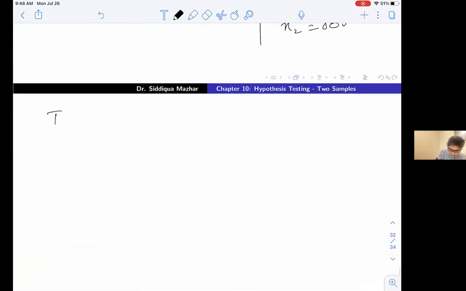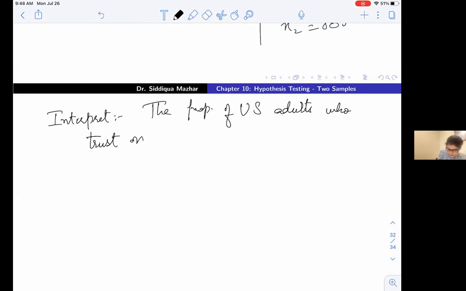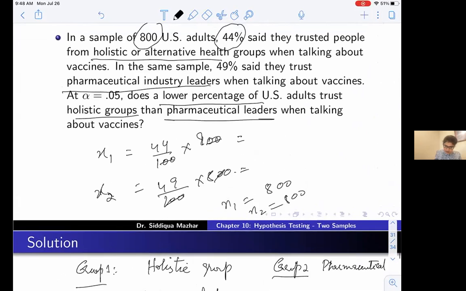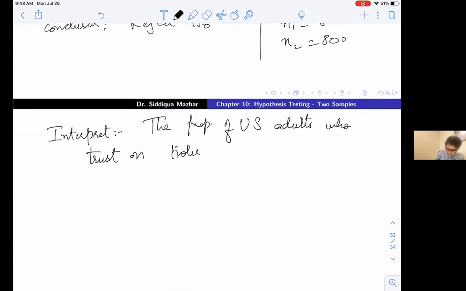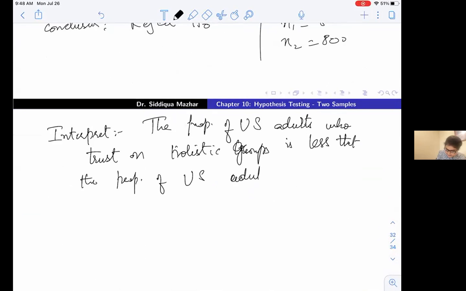Interpretation. The proportion of US adults who trust holistic groups is less than the proportion of US adults who trust pharmaceutical leaders.